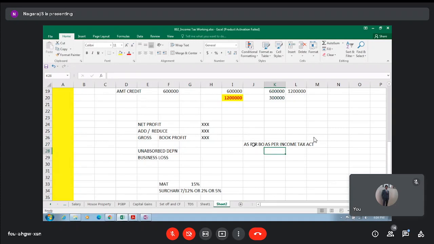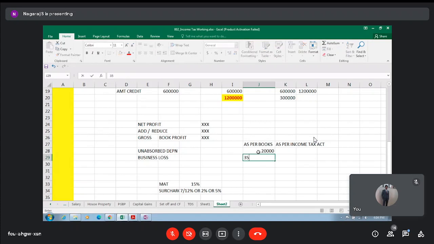They will give unabsorbed depreciation, say 2 crores, or in simple words 20,000, 35,000, 45,000, 20,000, like this.